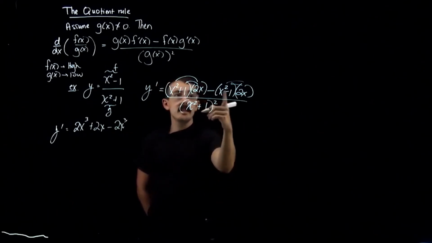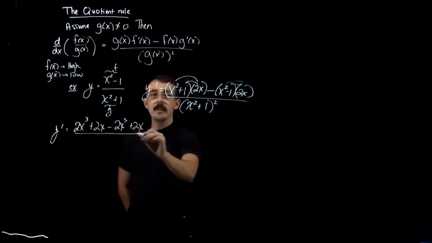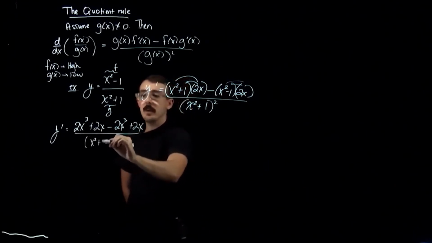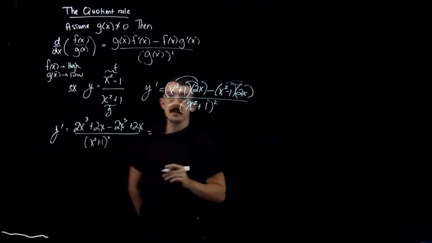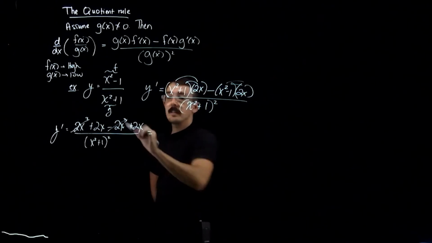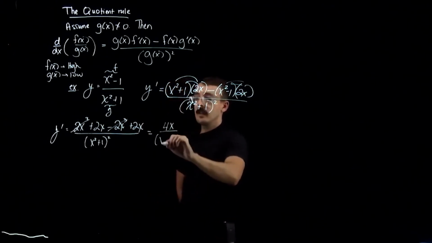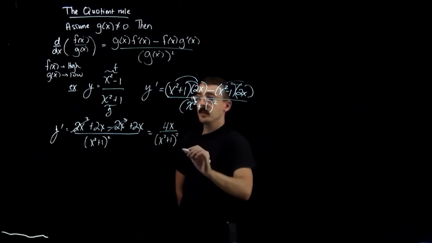And then here I have a minus and another minus, so that's going to make plus 2x. And then this denominator is not really going anywhere, and it doesn't help us to FOIL it out, so I'm not going to. These cancel, which is very nice. And then this is equal to 4x over x squared plus 1 squared.